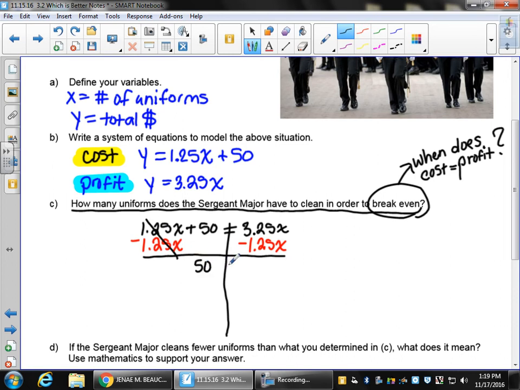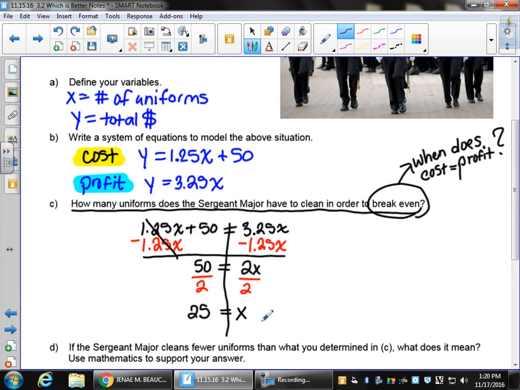That gets us 50 equals 3.25 minus 1.25 is 2X. Dividing both sides by 2, X equals 50 divided by 2, 25.